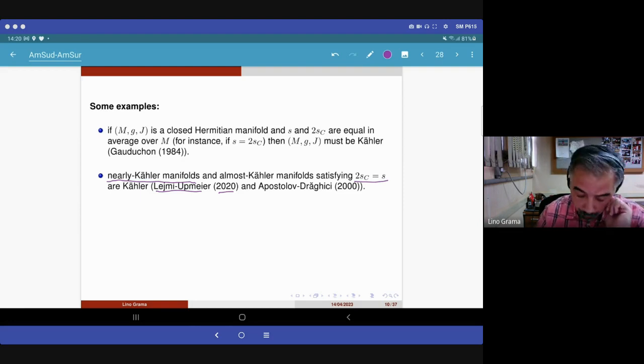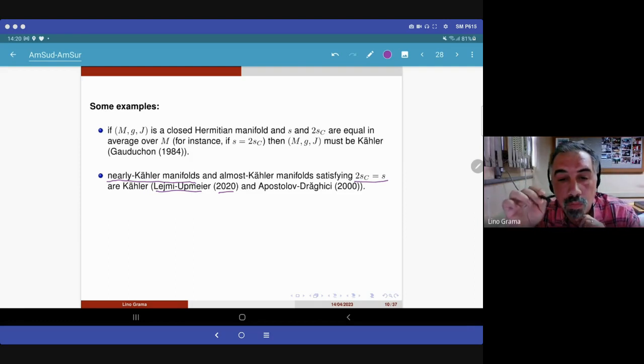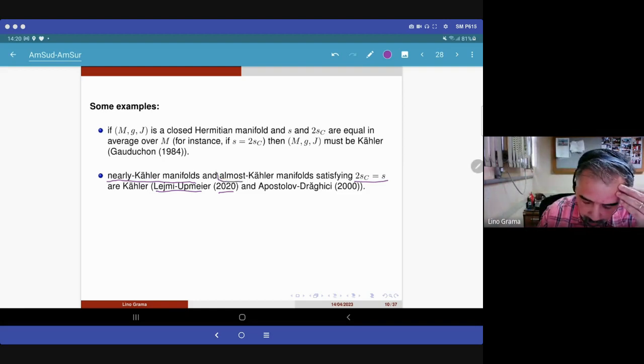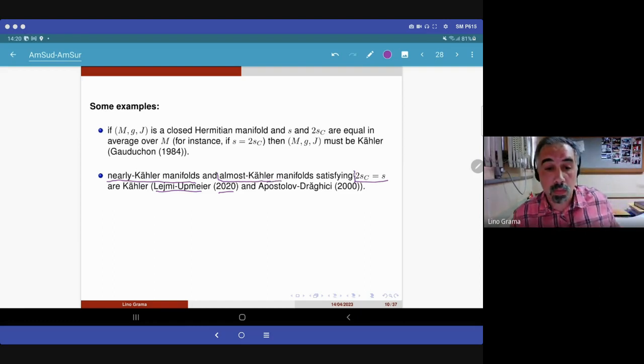And if you have an almost Kähler manifold, where the exterior derivative of the fundamental two form is zero, so the two form is closed, but J may not be integrable, and you impose this condition, the conclusion is that the structure must be Kähler.